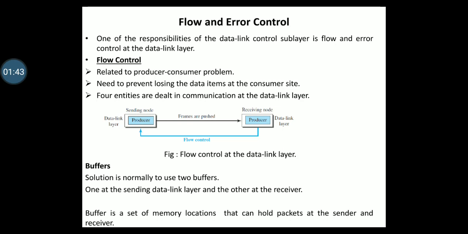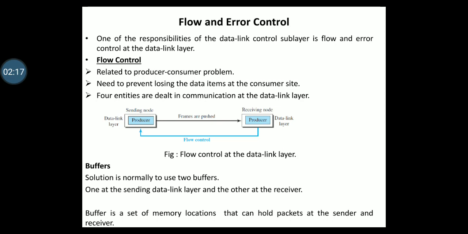In communication at the data link layer, we are going to deal with four entities: network and data link layers at the sending node, and network and data link layers at the receiving node. Then we can have a complex relationship with more than one producer and consumer. But the relationship between network and data link layers is ignored, and we concentrate on the relationship between two data link layers.